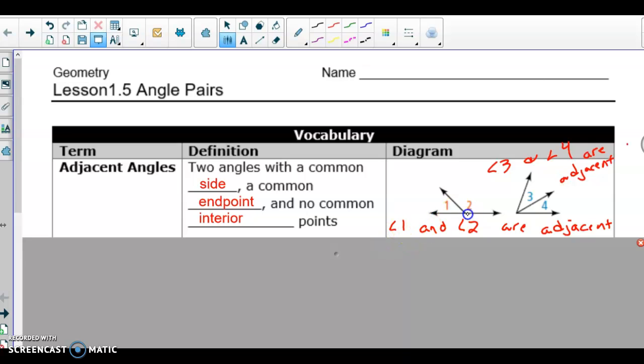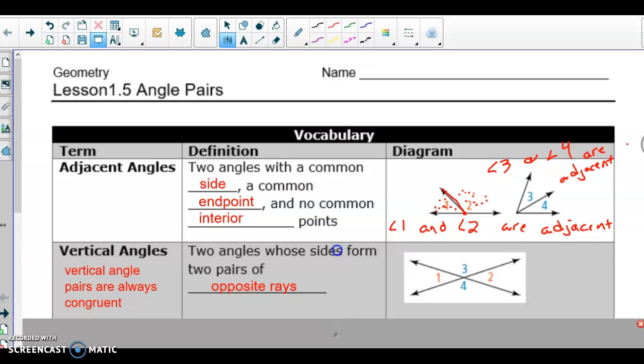Because 1 and 2, they both share a vertex right here, and they share this side. They do not have any common interior points. Angle 1 has interior points in here, angle 2 has interior points in here, but they don't share any interior points. Same with 3 and 4.